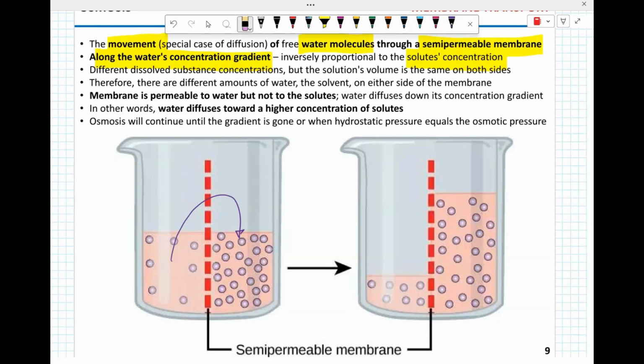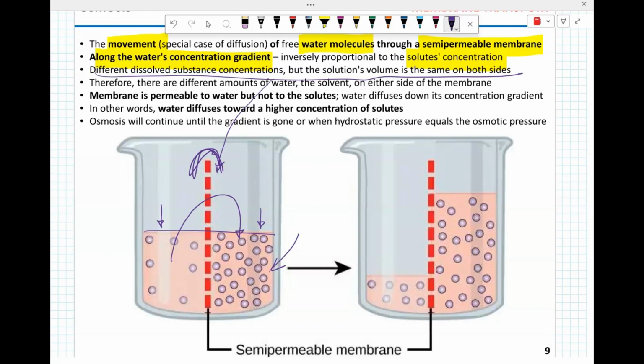So, when you look at the left beaker, the volume of the solution on both sides of the semi-permeable membrane is the same. The concentration of the solutes is different. So it means that the amount of water on the left is greater than the amount of water on the right.